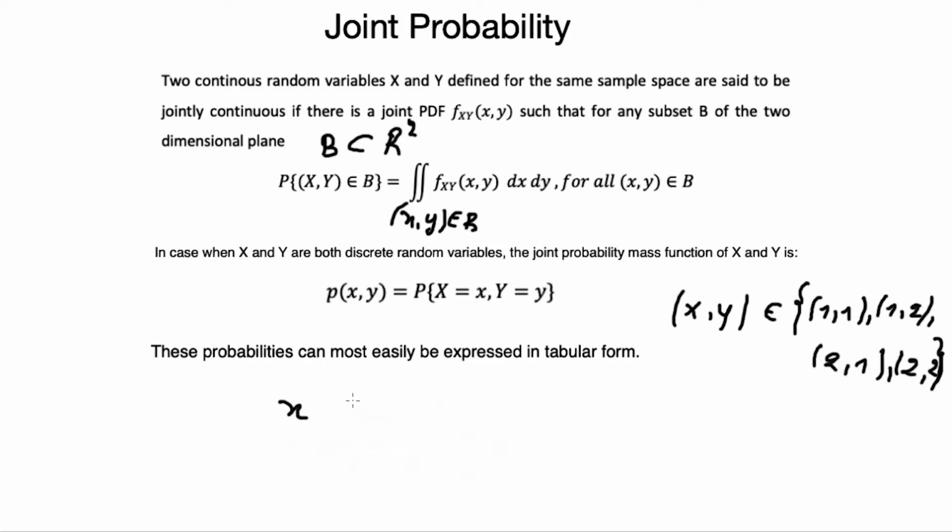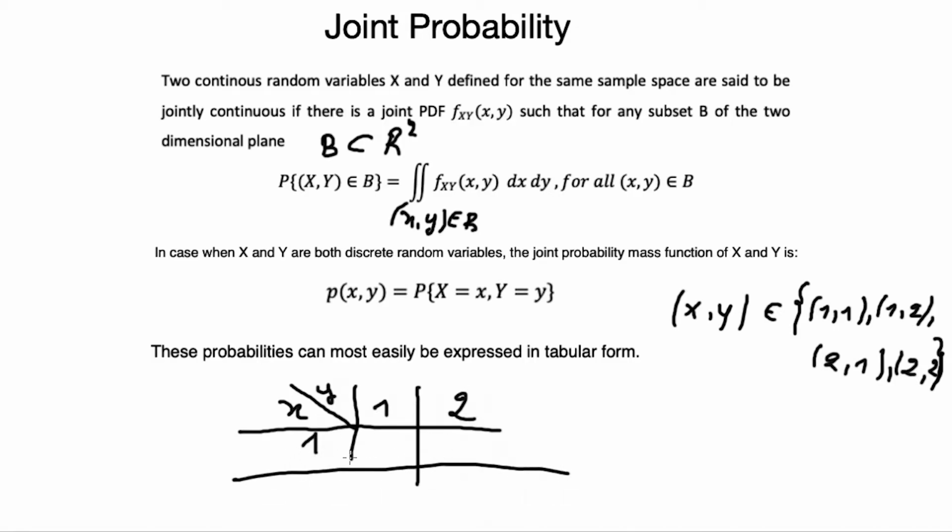When we have X here and Y here, the values of Y will be 1 and 2, and the values of X will be 1 and 2 also. When we have (1,1), for example the probability is 0.2, and when X is 1 and Y is 2, it is here, for example 0.5.